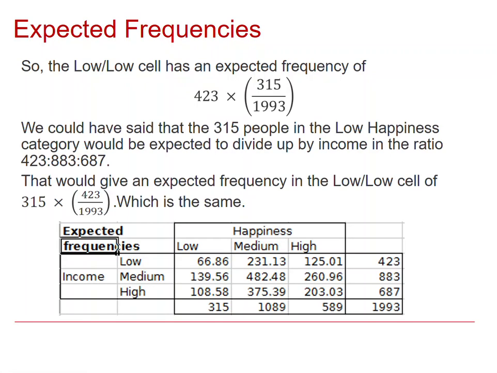We equally could have done this the other way round and looked at the 315 people in the low happiness category and multiplied by the proportion of people that are in the low income category. So this is 315 times 423 over 1,993. Now both of these two things give us the same answer of 66.86.